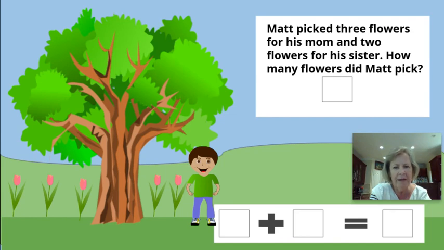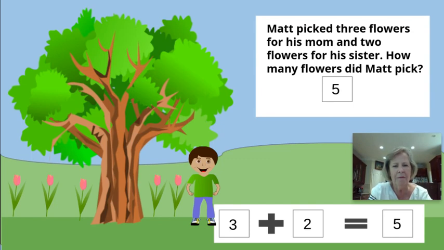And how many for his sister? 2 flowers for his sister. And how much is that together? 3 plus 2 equals 5. Yes, you got that right. So together, Matt picked 5 flowers for his mom and his sister.